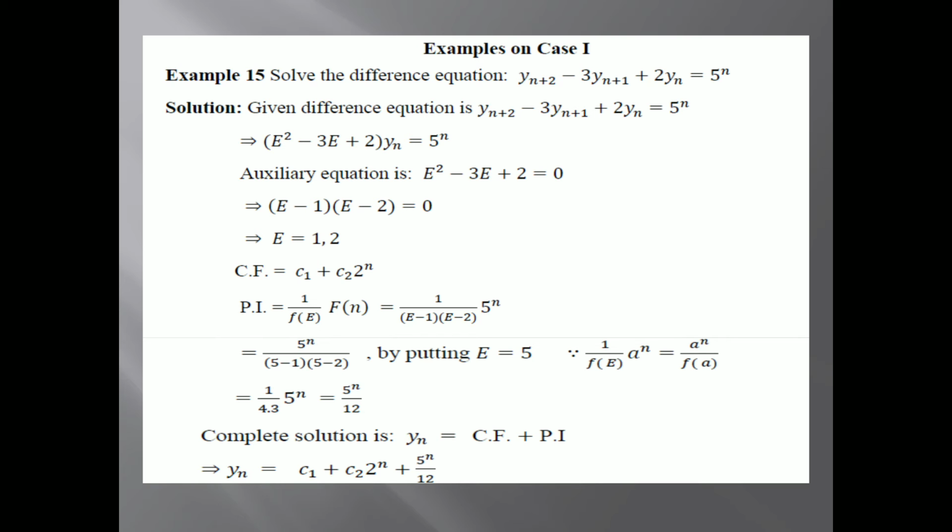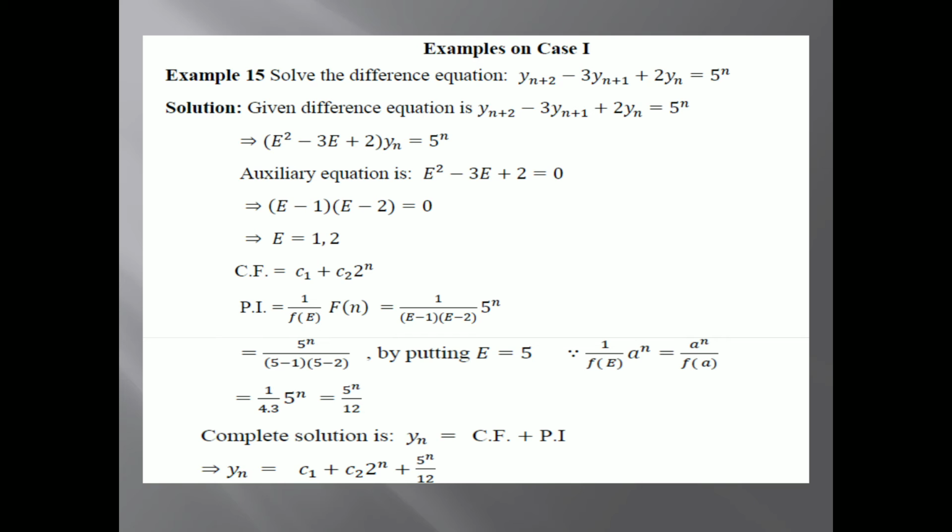Then the roots of this auxiliary equation are 1 and 2, which are both real and distinct. So the complementary function for this difference equation becomes c1 plus c2 into 2 raised to n, and PI is equal to 1 upon f of E into f of n, which is equal to 1 upon E minus 1 into E minus 2 multiplied by 5 raised to n.